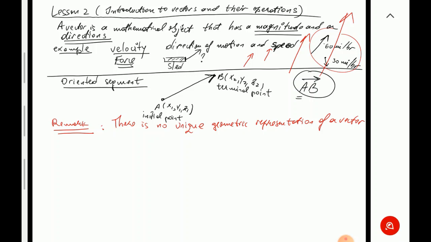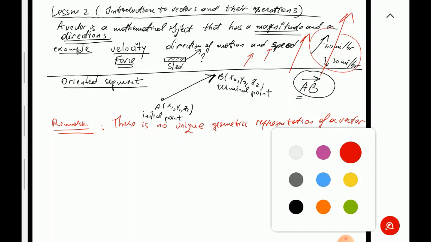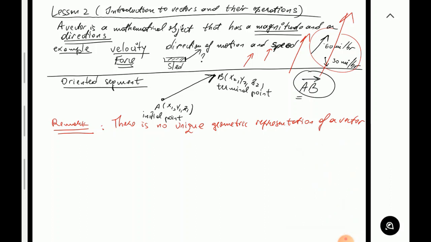So more to the point, to go back to the generic example on top of the remark, if I have another vector parallel to AB with the same magnitude, let's assume that this one here from C to D is of the same magnitude as AB and parallel.